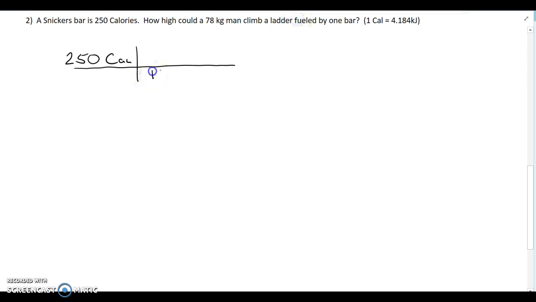And we know that based on our conversion that 1 calorie is 4.184 kilojoules, but we want regular joules, so we can convert kilojoules to joules, get rid of kilojoules, and go to joules. We know that as a basic metric conversion, there's 1,000 joules in 1 kilojoule.